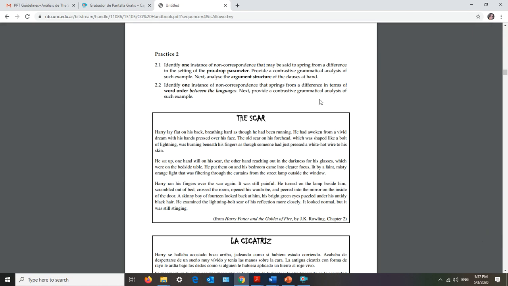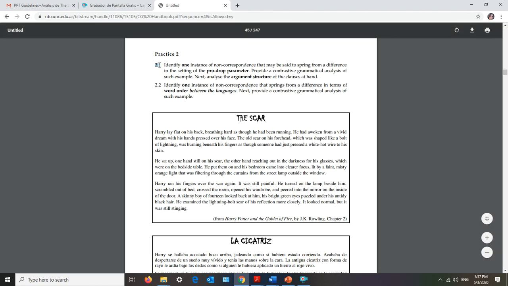You're asked to provide a contrastive grammatical analysis of such example, of course, as is present in the two languages, and then you should analyze the argument structure of the clause at hand. This is the only activity 2.1 that you are now in a position to perform.